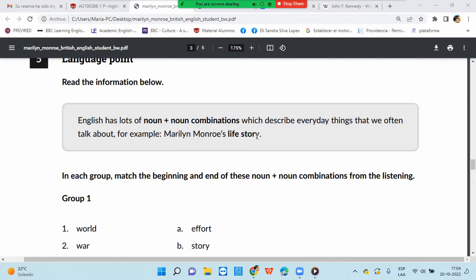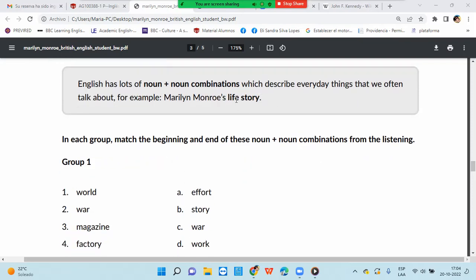We have two words that independently are nouns, sustantivos, right? English uses this combination quite a lot. The last word is the most important word, and the first word is the characteristic of that. Do you understand it?